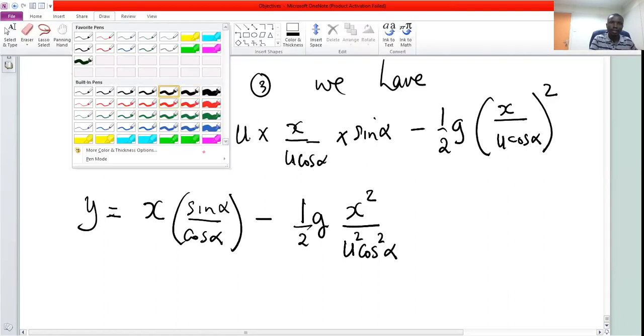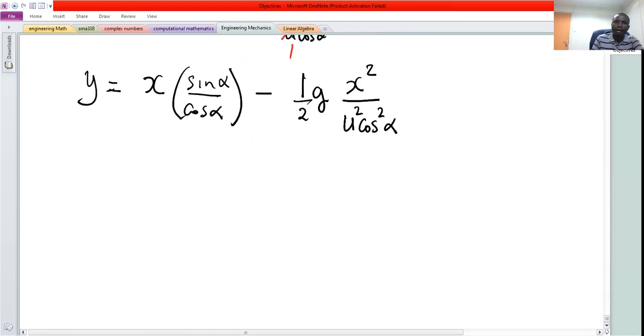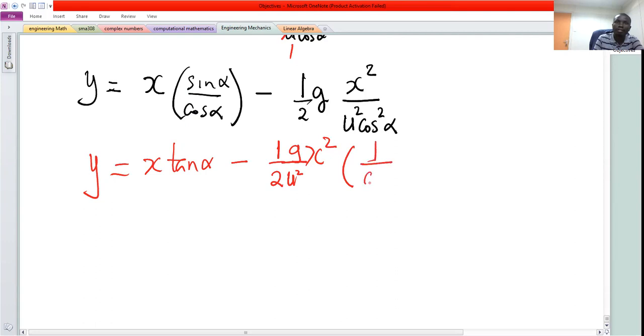So you can show that this and this have crossed out. So we'll have y. Remember, sine over cos is tan, so the x tan alpha minus a half g. I can put this u squared here, and then x squared 1 over cos squared alpha. Here the same term.